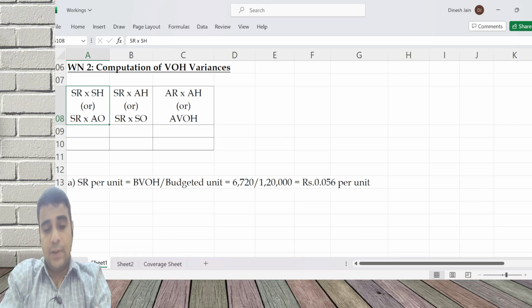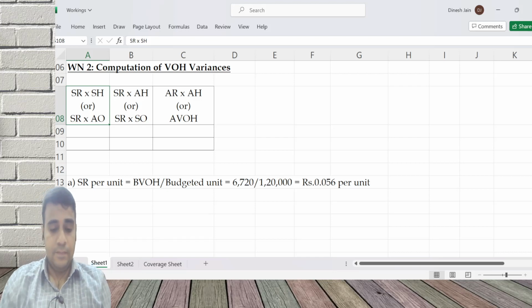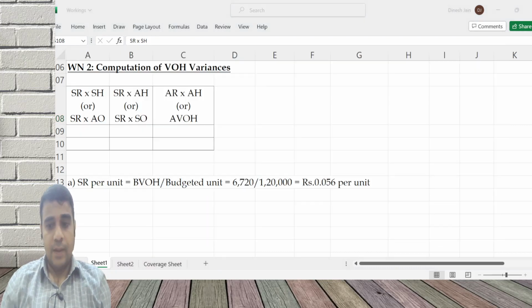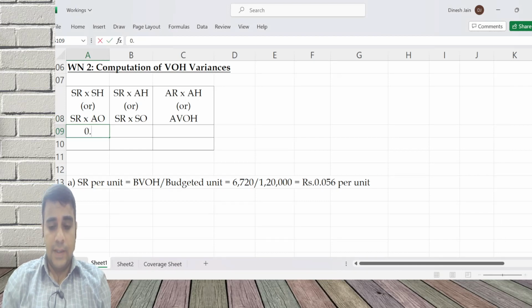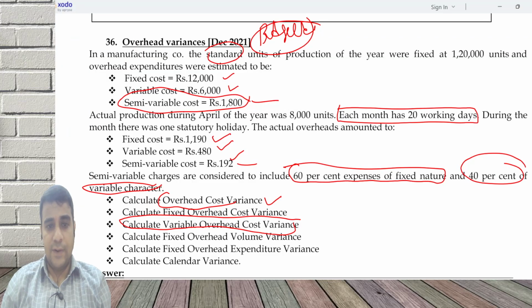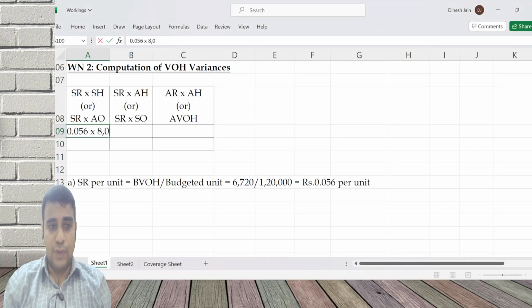SR per unit is equal to budgeted variable overhead by budgeted units, 6720 by 1 lakh 20, which is 0.056 per unit. Then 0.056 into 8,000 units.